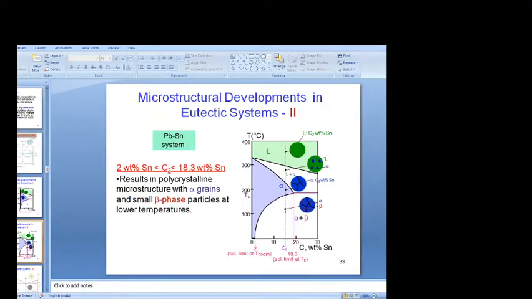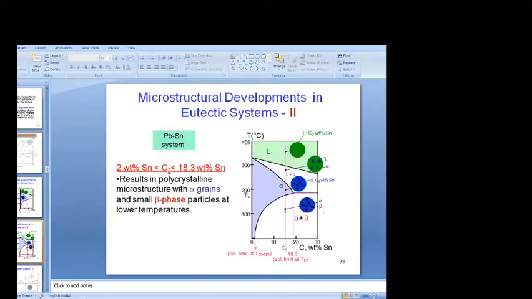What we are considering here is the alpha grain with respect to the composition C2, and then upon crossing this solvus line, the alpha solid solubility is exceeded, which results in the formation of small beta phase particles.